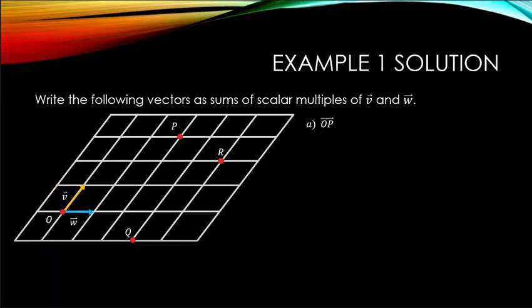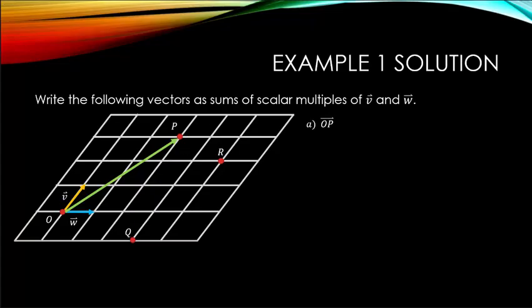So for OP, the first thing I want to do is put in the vector I'm interested in. I'll sketch the vector starting at the origin and ending at P. And then I'm going to see how many quantities of the unit vector W I need to proceed horizontally before I construct quantities of the unit vector V going vertically.